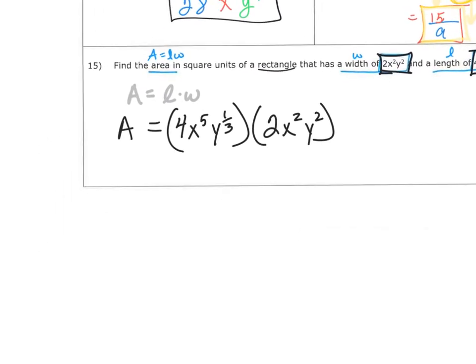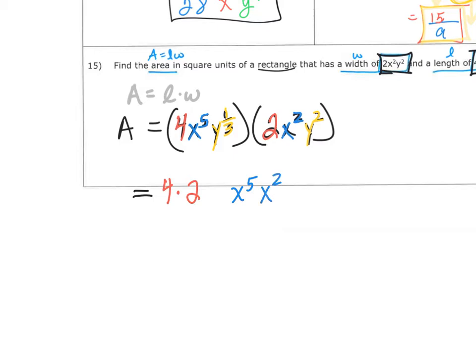Now again, we're looking at this number by number, letter by letter. Now I'm going to write over those in different colors so that you can see how I'm doing that. So number by number, letter by letter. I'm going to put my 4 and 2 together. I'm going to put the same bases together, or letter by letter.